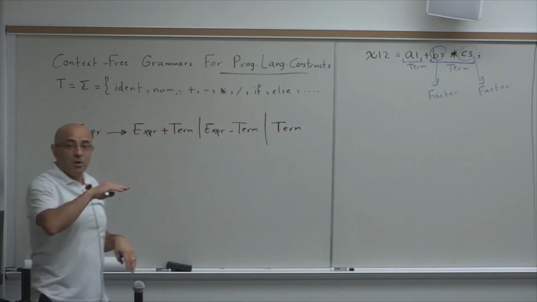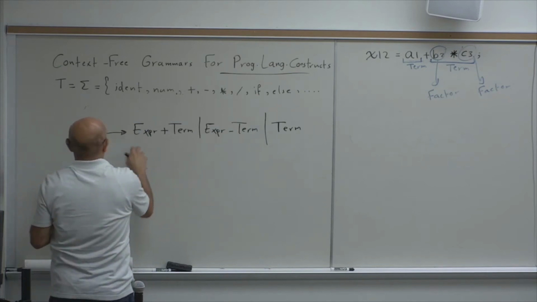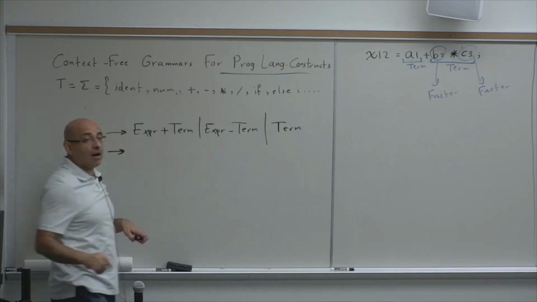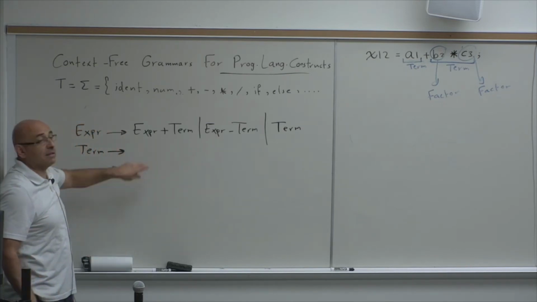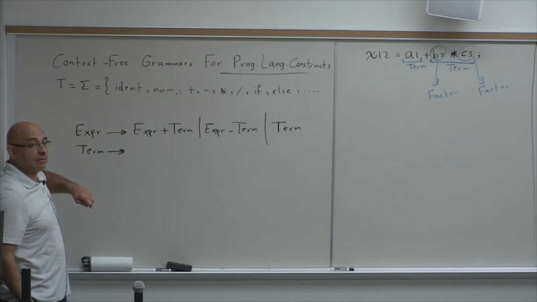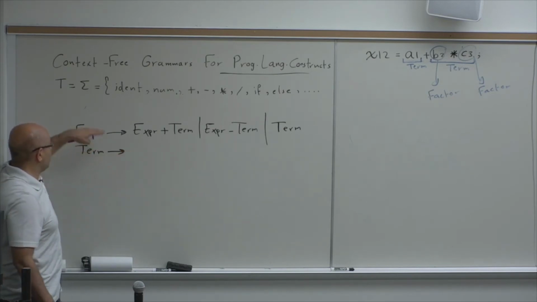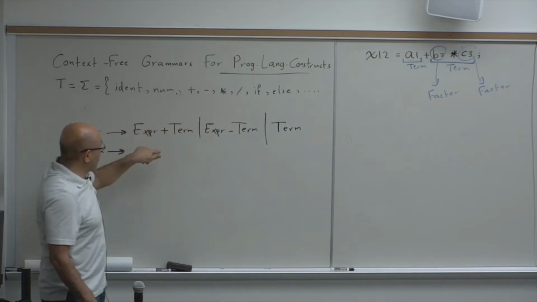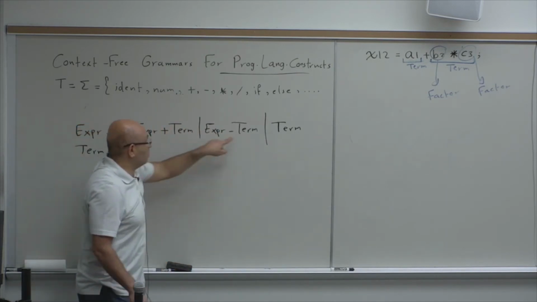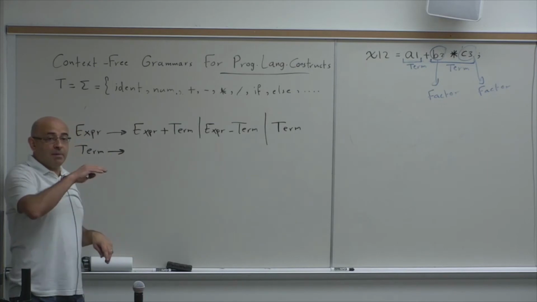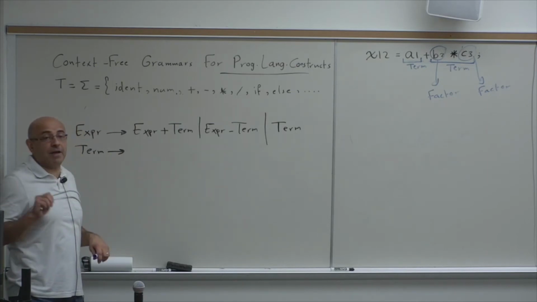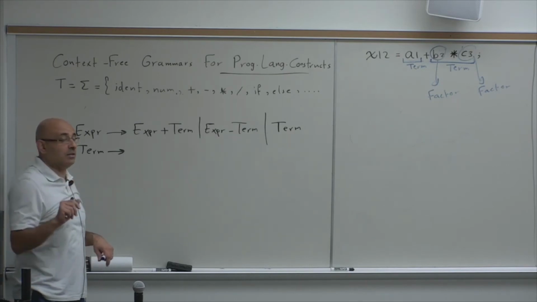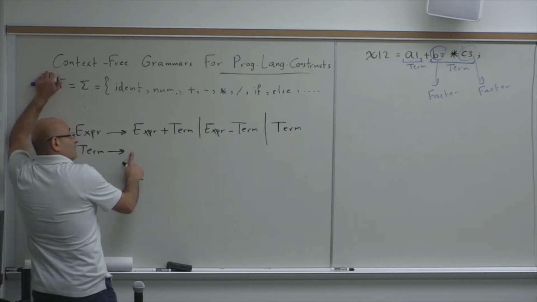Now, on the lower level, I have a definition of term. A term can have an arbitrary number of factors. So what should I write now? An expression can have an arbitrary number of terms with the operators being on this level plus or minus. Now at the term level, I can have an arbitrary number of factors with the operators being multiply or divide. So what should I write?